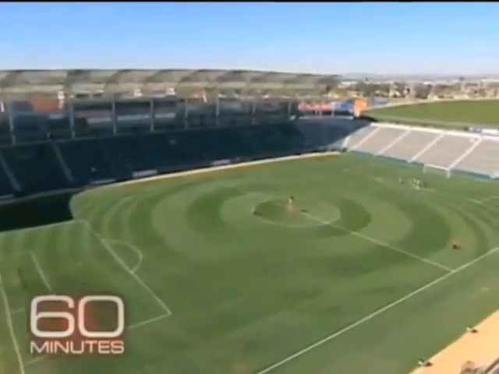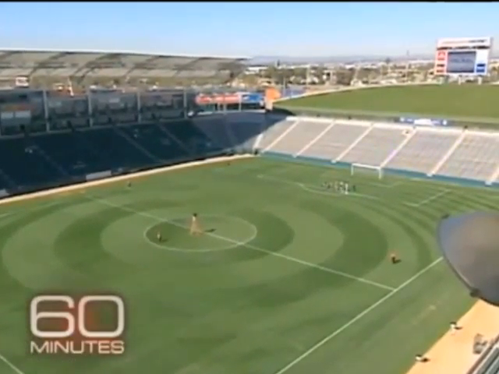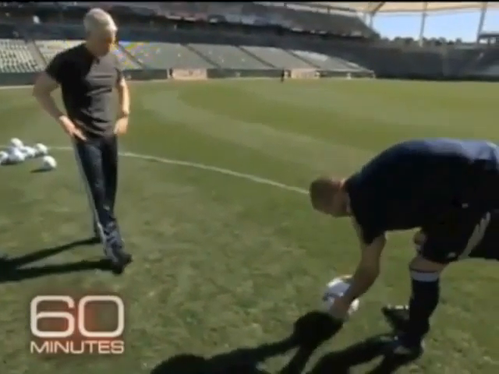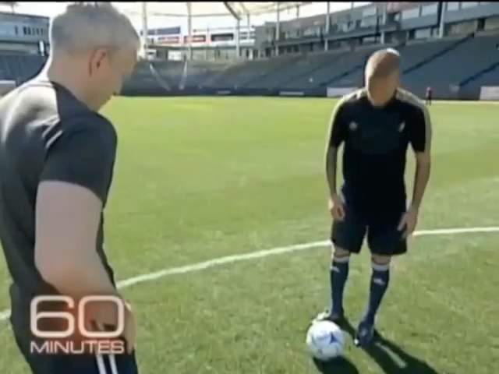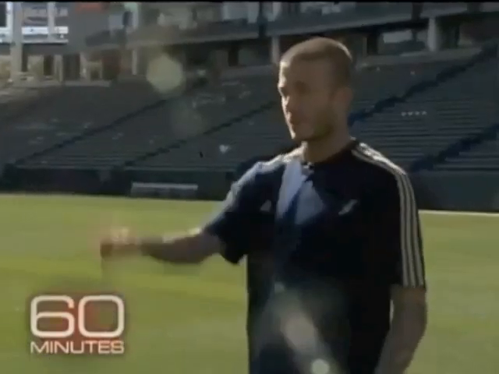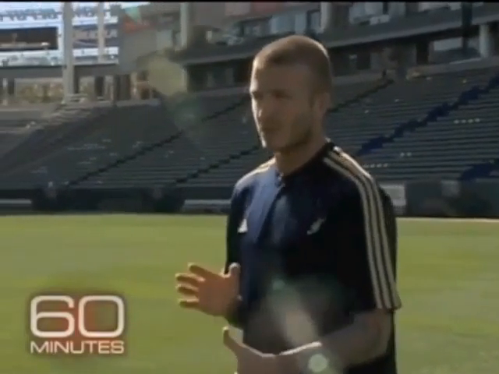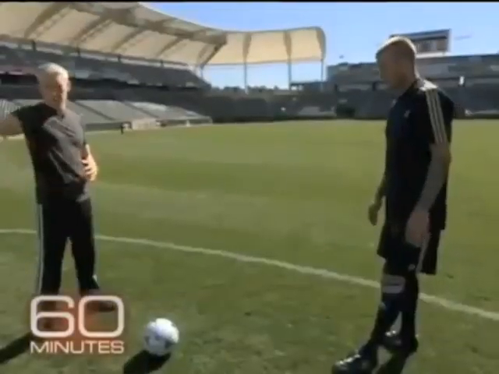On the Galaxy's home field, he gave us a rare look at how he does it. Can you sort of go through the setup to the kick? It's literally finding the right place and keeping it there. This is where I start. It looks like I'm kicking the ball over there. But what I'm doing is I'm able to come to this angle, come round the ball and whip it. Are you looking at the net at all?